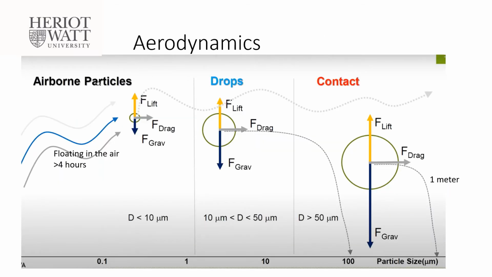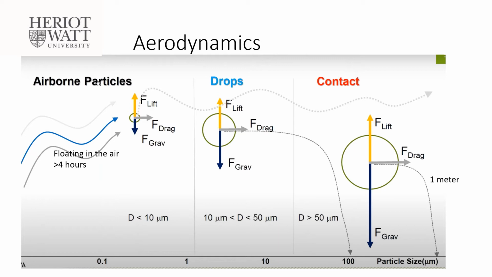If we do know a particle carries some virus, then the physics of its traveling is very well known. It's classic mechanics or aerodynamics. A smaller one, like the one on the left, smaller than 10 microns, can flow in the air for a pretty long time, staying in the air for more than 4 hours.